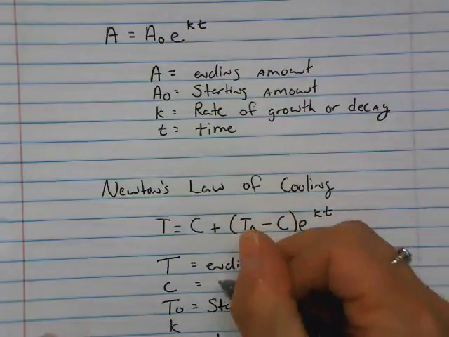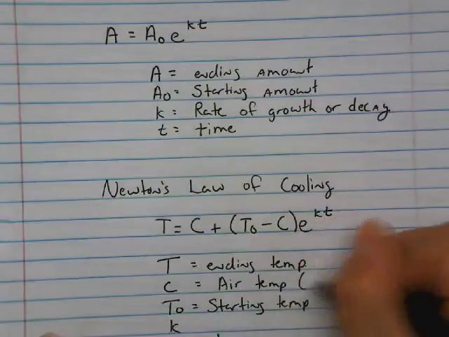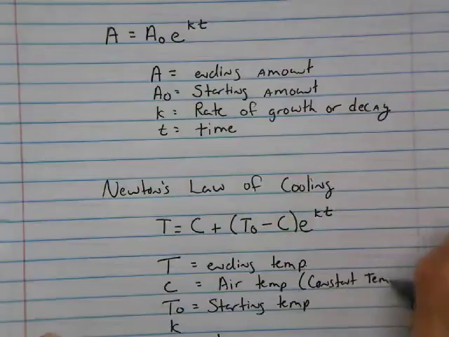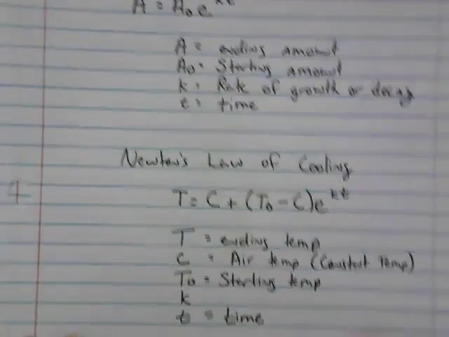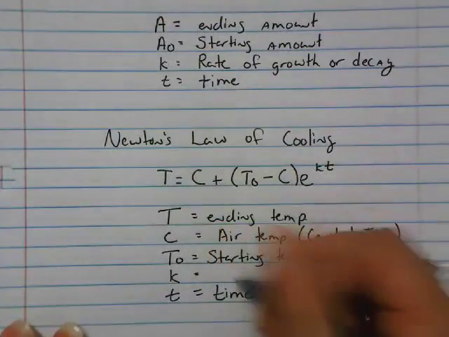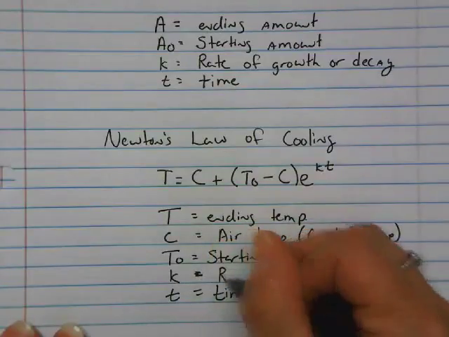I'm going to put constant temp. Like if you were baking a cake, it would be 350 degrees. Okay? And then finally, k is the constant. That's your rate. So the rate of the temperature change.